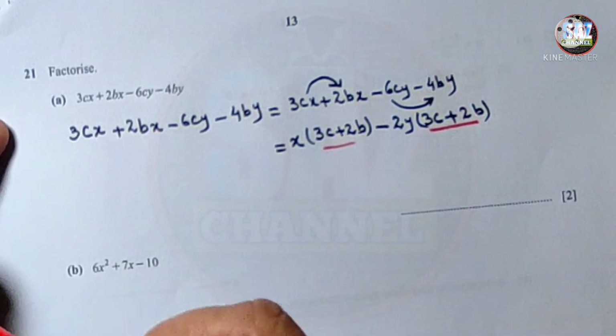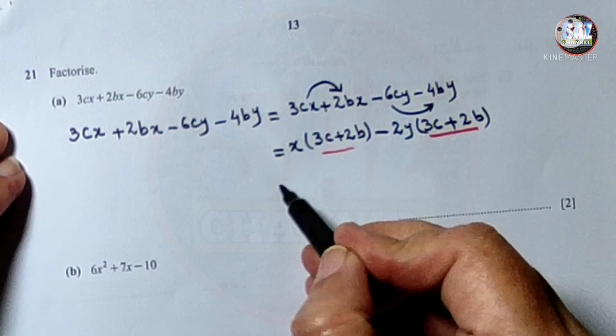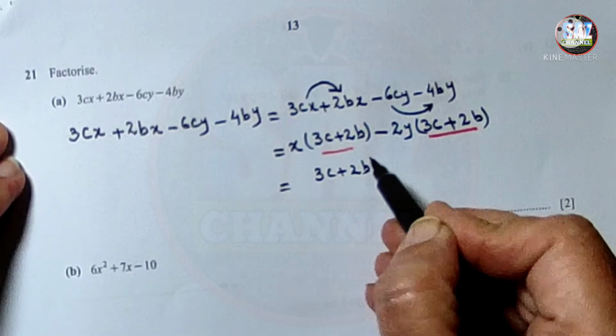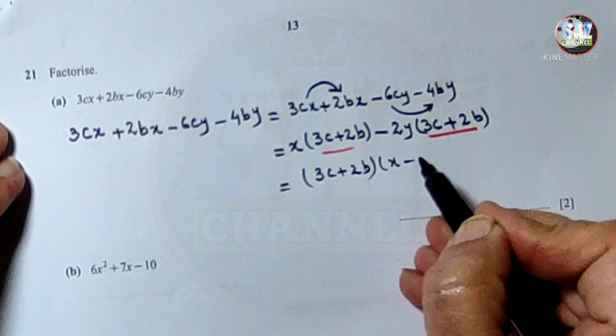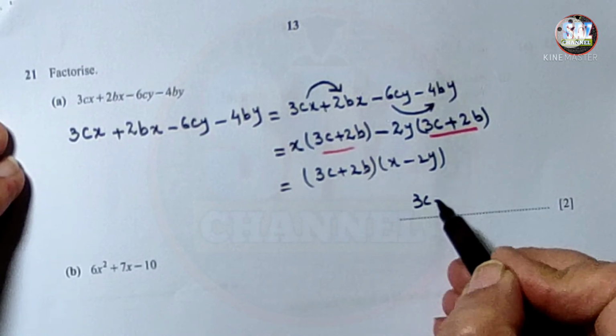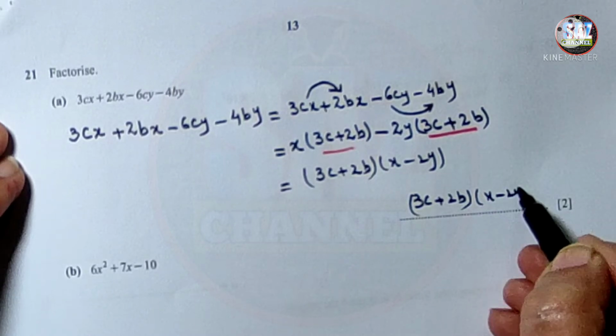This is a common group, so I extract this common group out: 3c + 2b outside, and x - 2y. Really easy question: (3c + 2b)(x - 2y).